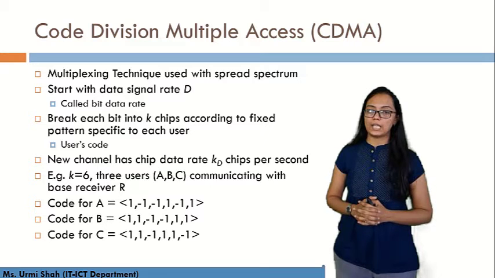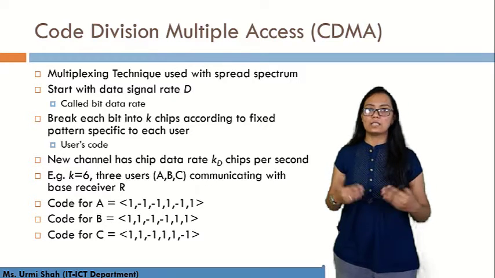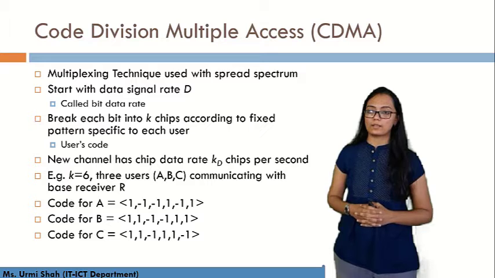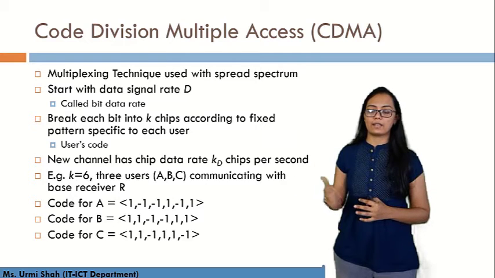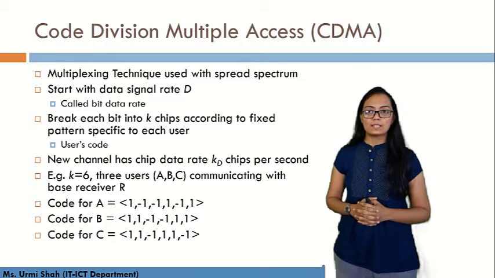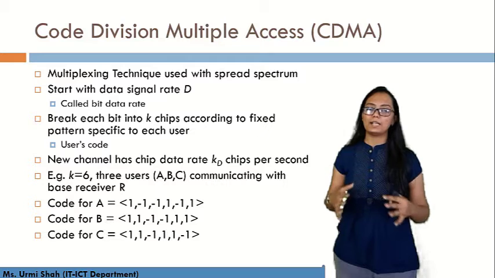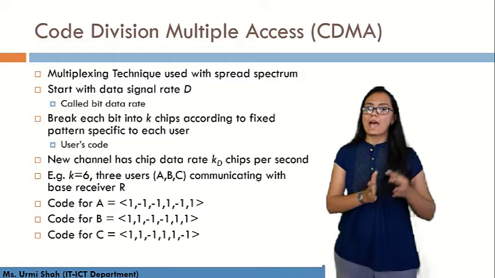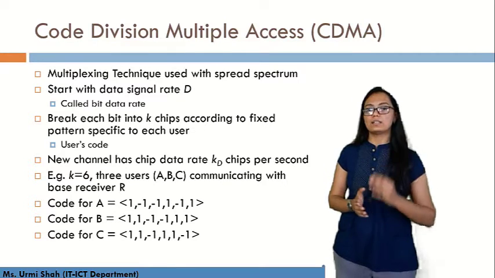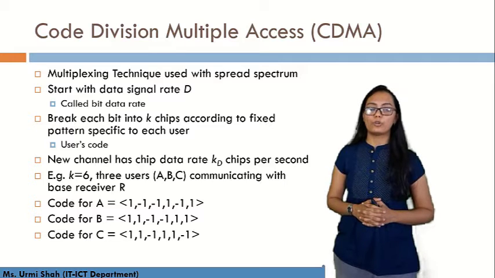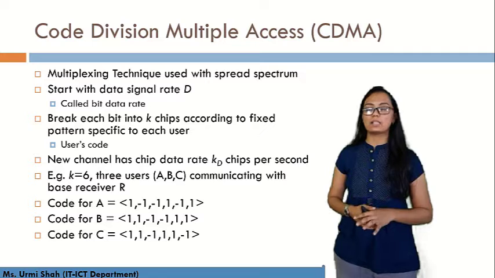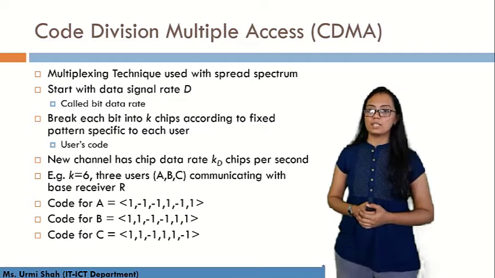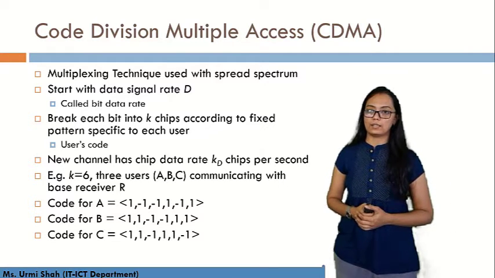Basically, a multiplexing technique is used with spread spectrum whenever we start with digital data of rate D. Here we are performing multiplexing of signals. At a time, multiple signals are processed in the form of codes and then transmitted from one place to another using the CDMA technique.